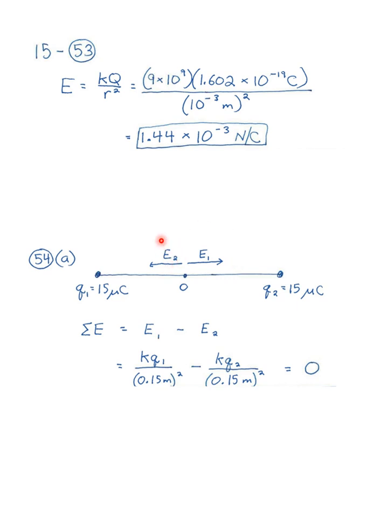E2, a positive charge would be pushed away from charge 2, and so they're going to be opposite directions. So when we add those fields, E1 being positive and E2 being negative, then we get E1 minus E2. And so then we plug in the values kQ1 over 0.15 meters squared minus kQ2 over 0.15 meters squared.